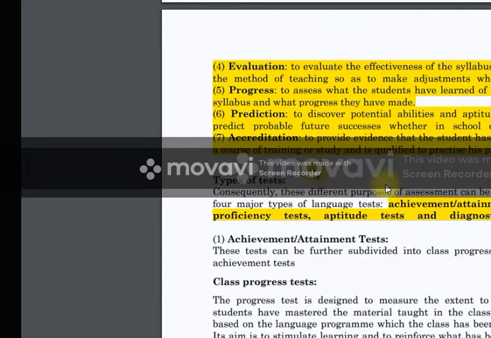Okay. Number 7, accreditation, which is important to provide evidence.